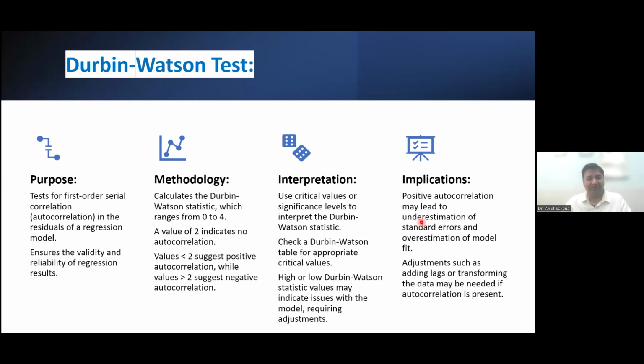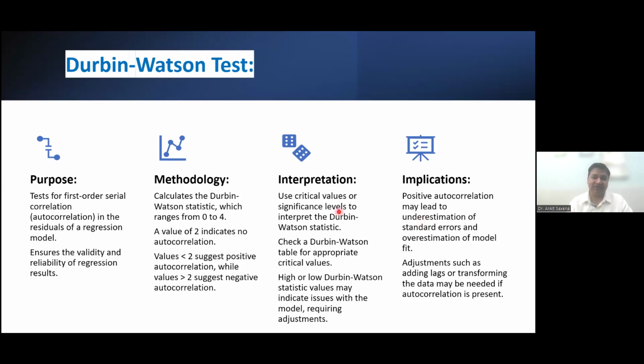This is a very serious issue, because you are overestimating your model fitness and underestimating your standard error, and this will be a disaster. Ideally, we should either add some lags, or transform the data, or look at the data in some other way so that we can develop a better model. These are very important things to keep in mind while going for the analysis.